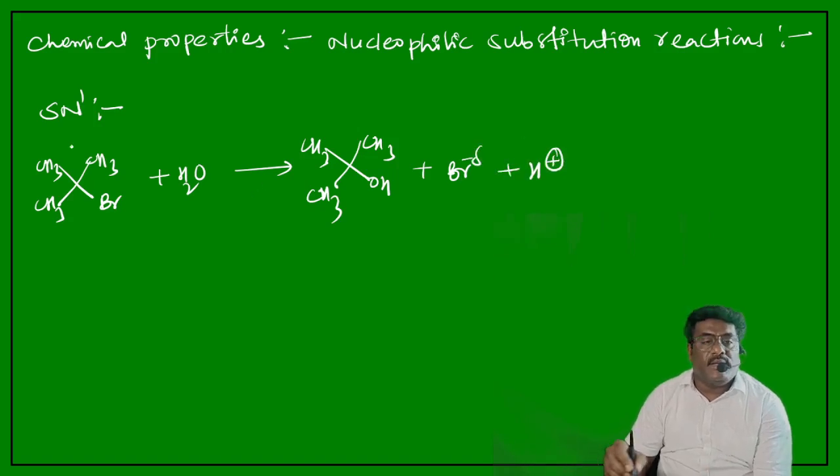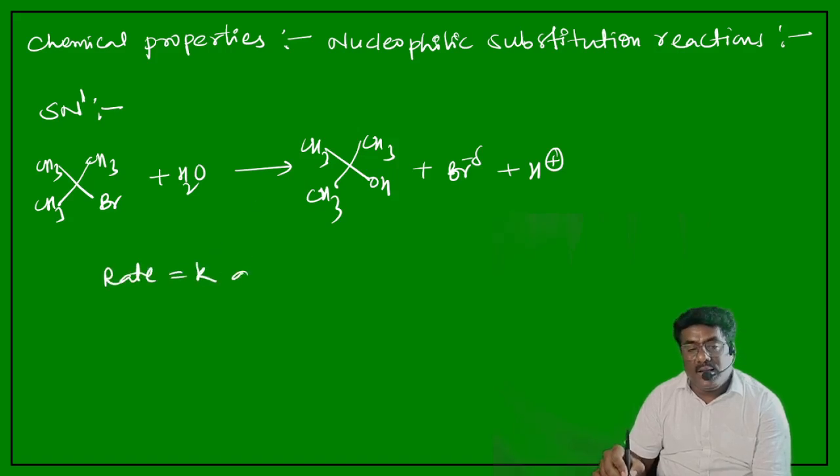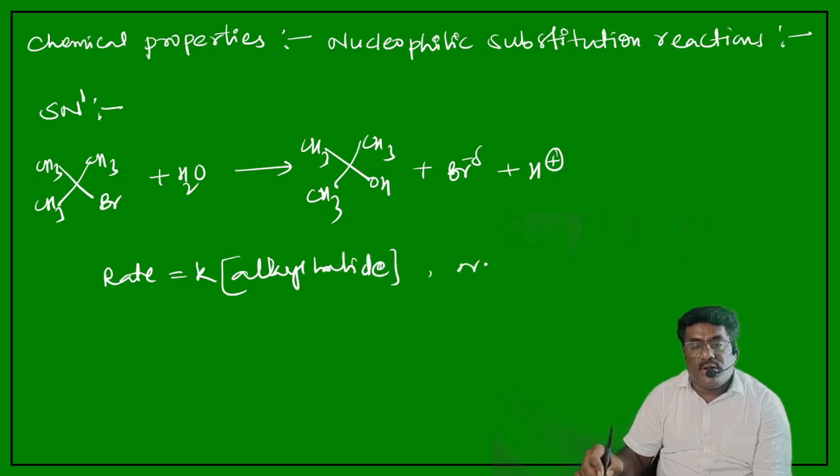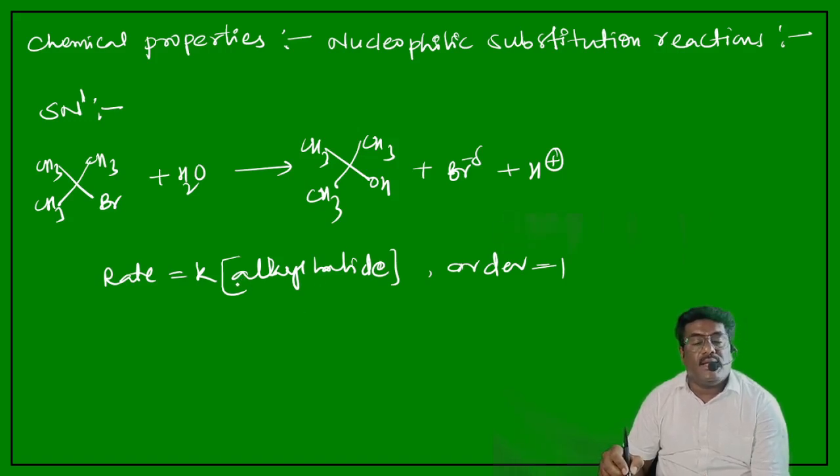In SN1 reaction, the rate depends only on the alkyl halide, not on the nucleophile. So its order equals 1. It depends on the concentration of alkyl halide only.